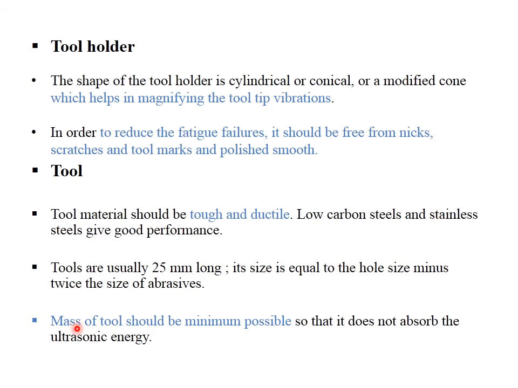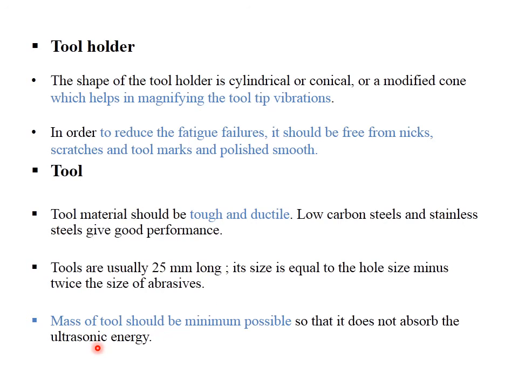And this is the important thing: the mass of the tool should be as minimum as possible, right? So it should not absorb any ultrasonic energy coming from the tool holder.